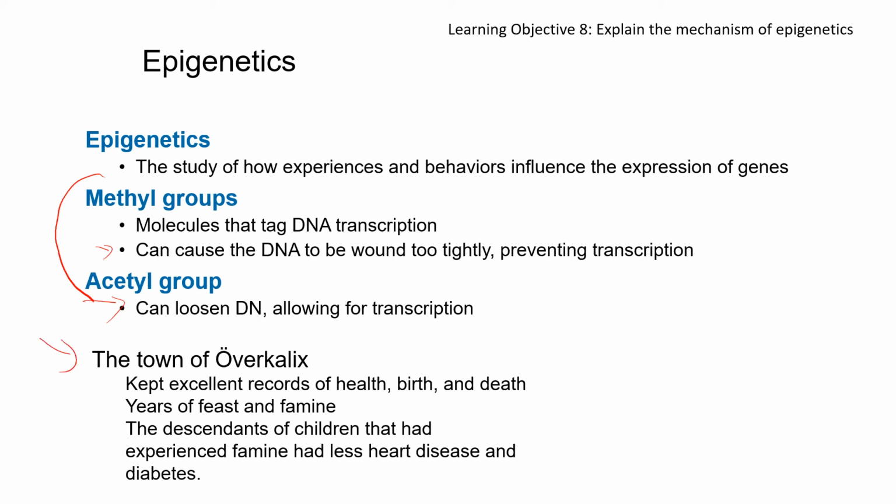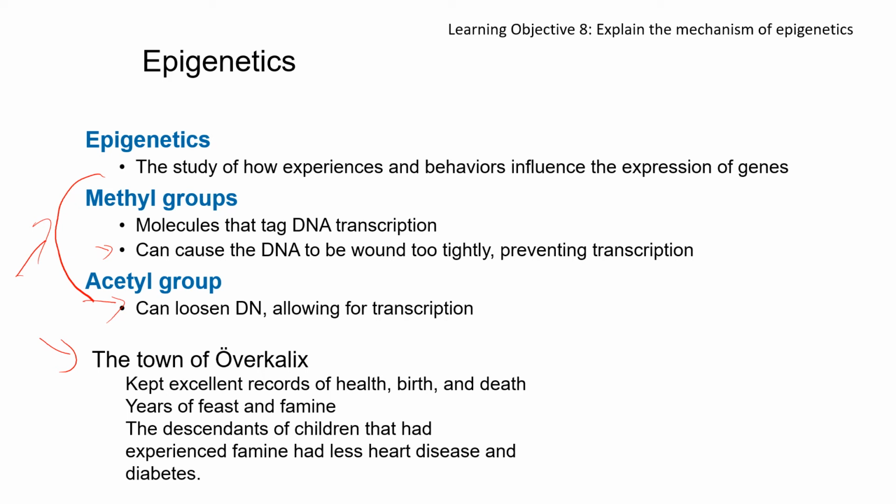An example is a town that kept excellent records of health, birth, and death. After years of feast and famine, during periods when there was a lot of available resources and periods when there wasn't a lot of resources, their descendants had less heart disease and diabetes from the periods of scarcity. Because during the period of famine, some of the DNA is being wound more tightly, some of it is loosening, causing epigenetic changes.